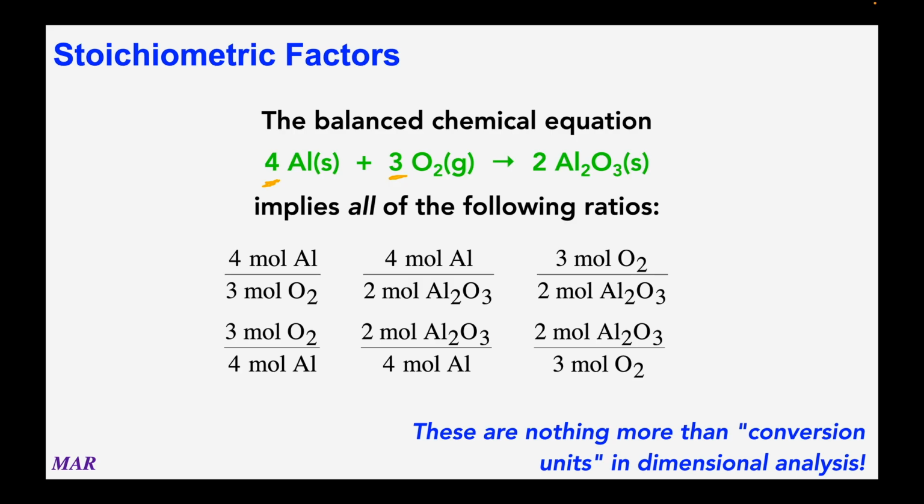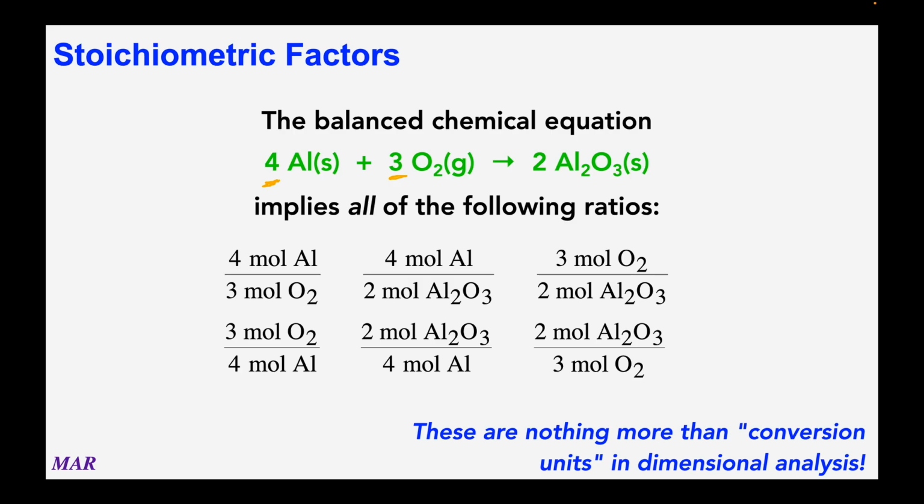But sometimes it's nice to have the opposite ratio. So let's flip the 4 moles Al for every 3 moles O2. We would then write it 3 moles O2 for every 4 moles Al, etc., etc. So from this reaction, we get those 6 ratios, and those ratios are really, really important. It's a stoichiometric ratio between reactants and products, products and reactants, reactants, reactants. Anything is possible, but it comes from the power of the balanced reaction.